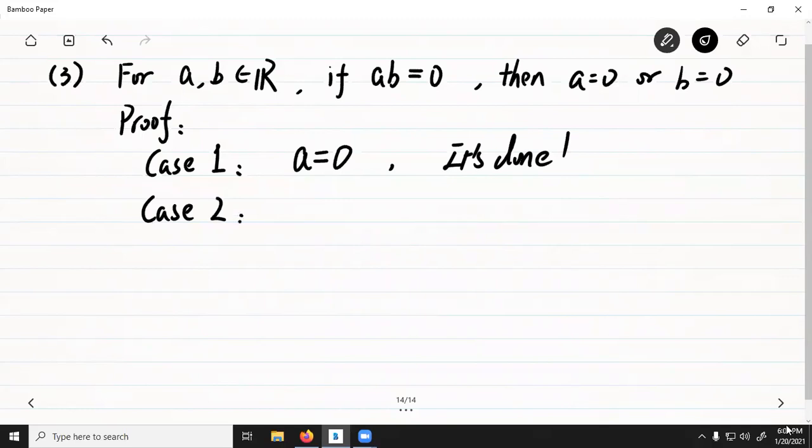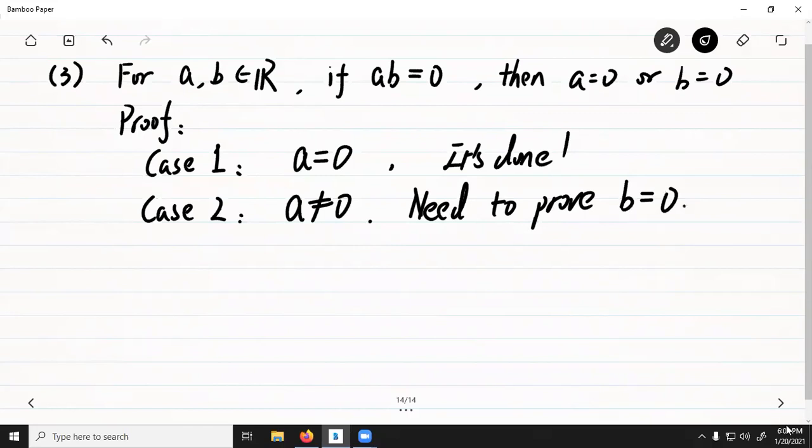We should consider all the cases, right? The first case is A equals 0. The second case is A is not 0. These two cases include every situation. So now we need to prove B equals 0. If we can prove that, then we're done, right?